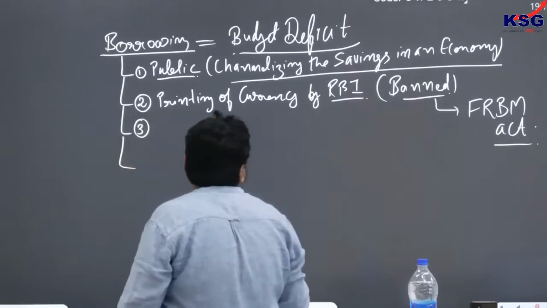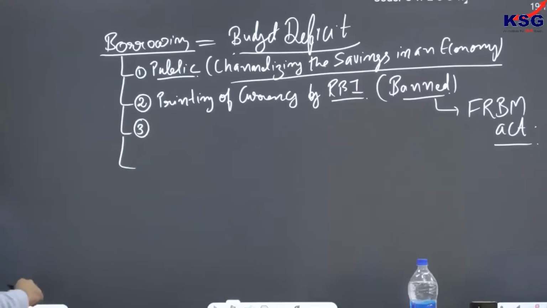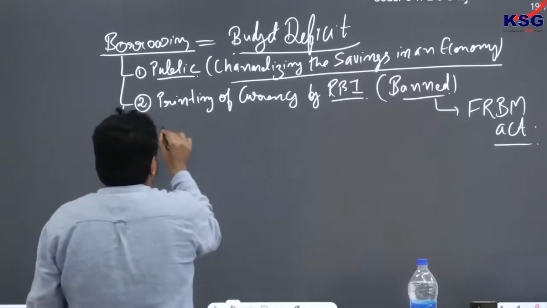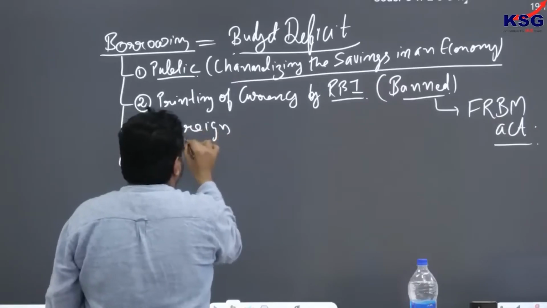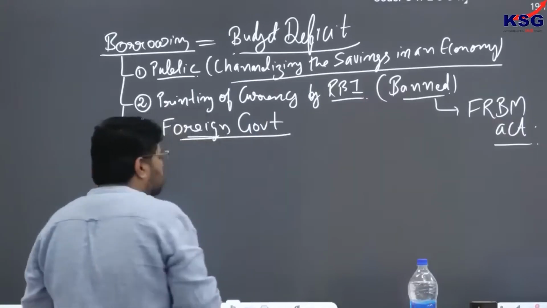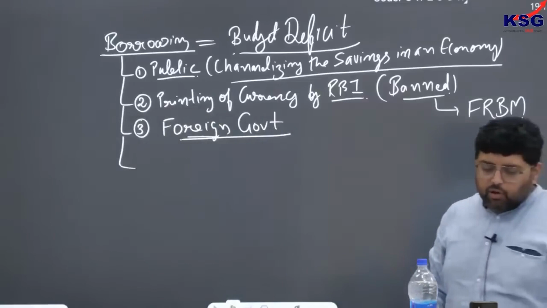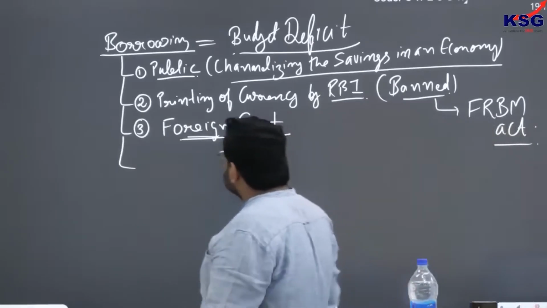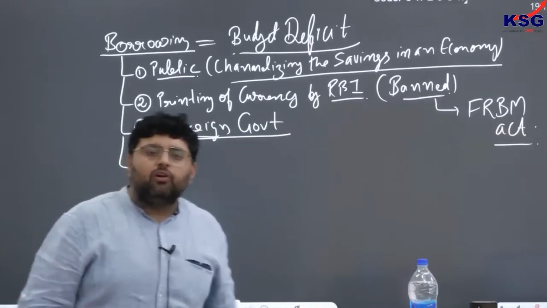Number 3, when I talk about the third option, Government of India can take borrowing from a foreign government. So this is the third choice. For example, Government of India has a choice to take borrowing from any foreign government.